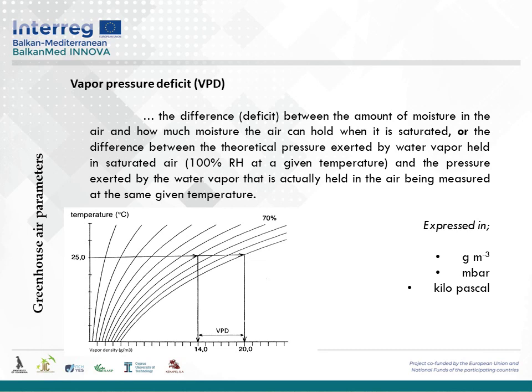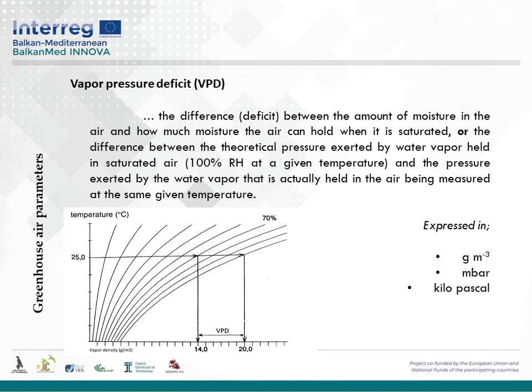In our case, you can see that the total water holding capacity of saturated air at 25 degrees Celsius is 20 grams per cubic meter of air, and the current absolute humidity, which at the same temperature is practically 14 grams per cubic meter, and thus we have the vapor pressure deficit equal to 6 grams per cubic meter.